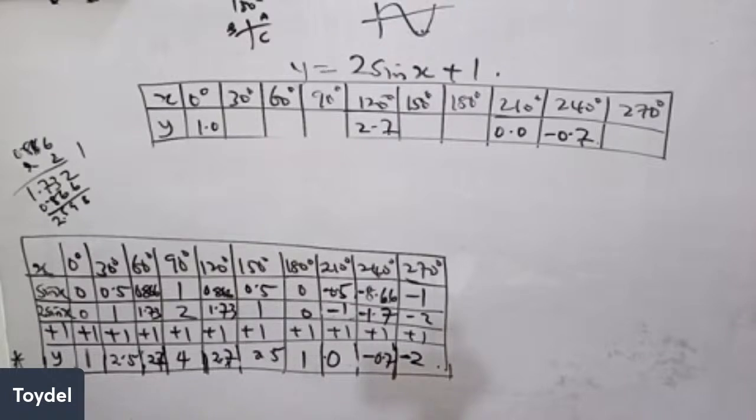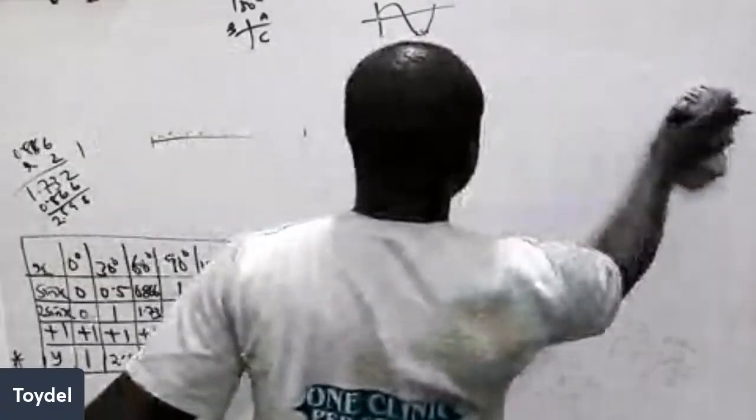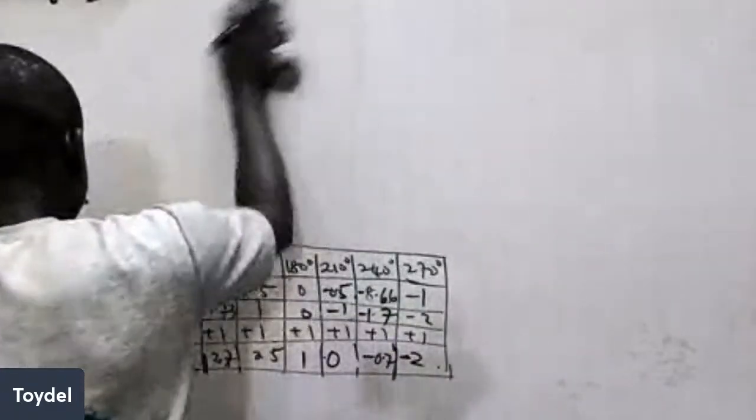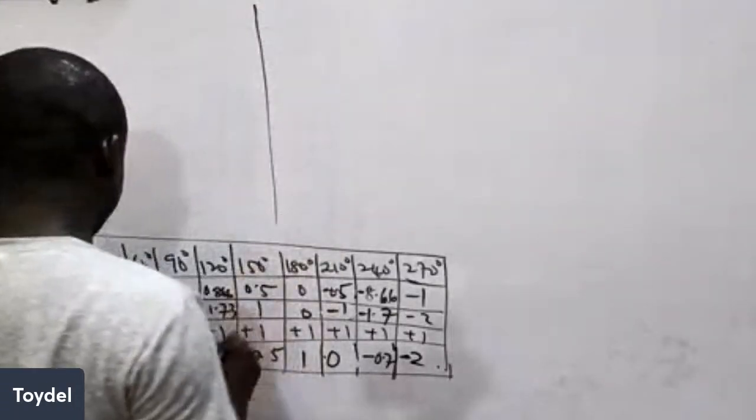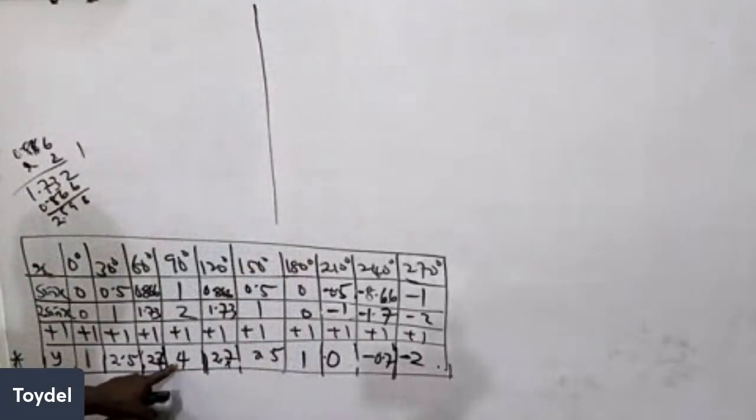So we have that. So we want to draw the graph now. 2 centimeters to 30 degrees on X and 2 centimeters to 1 unit on Y. So how do we plot the graph? The highest positive is 4, and for negative is 2.